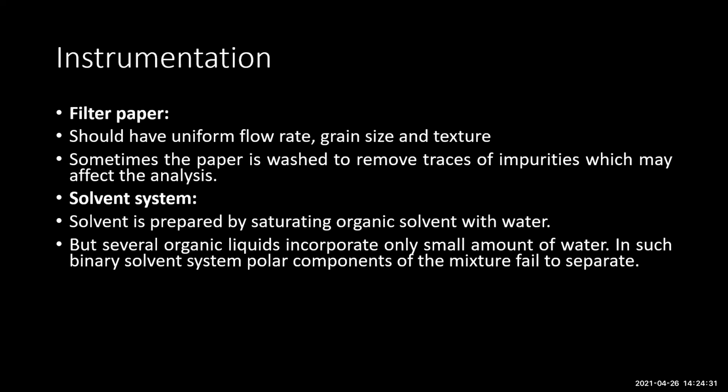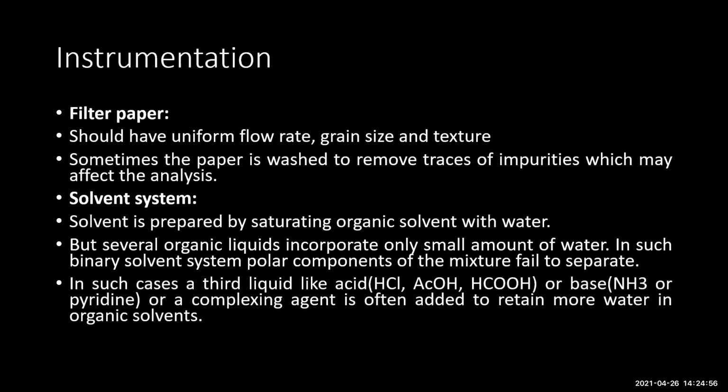In such a binary solution solvent system, polar components of the mixture fail to separate. The idea behind this is only organic solvent and water. What happens if there are only two liquids in the solvent system, the binary system? This leads to failure of separation of molecules. We require one more thing.